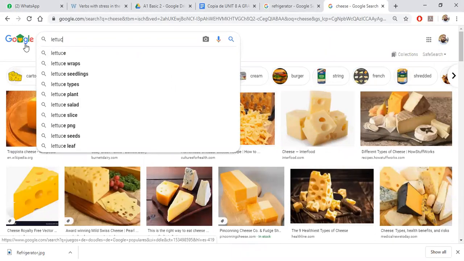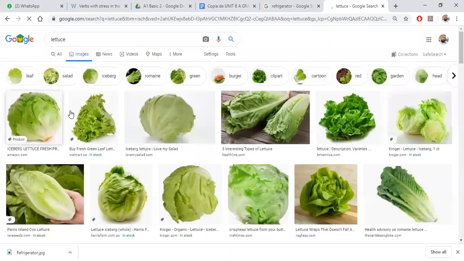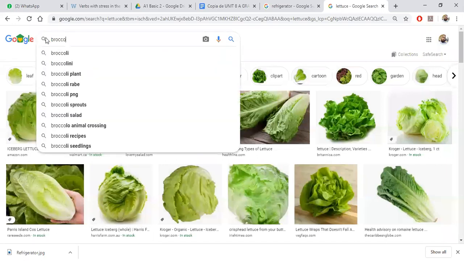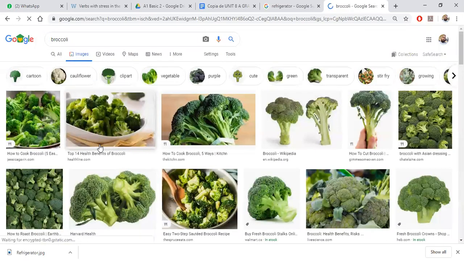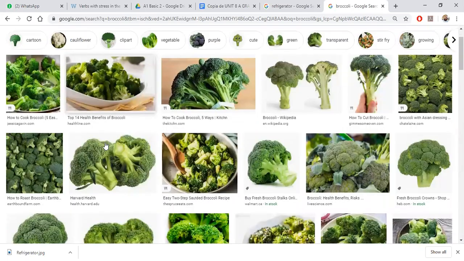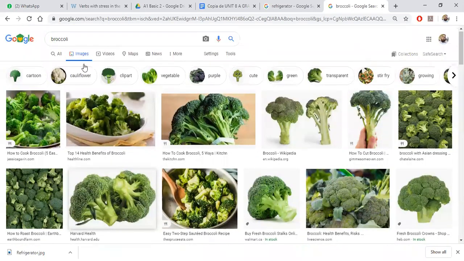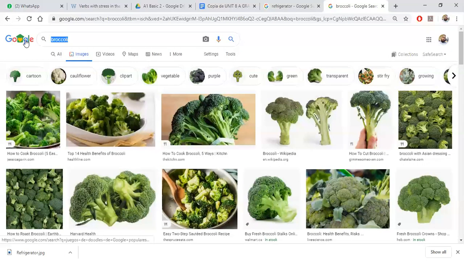Another thing that we need to cut is lettuce. Since we have to cut lettuce or separate it into pieces, we cannot say lettuces. The same with broccoli. We need to separate broccoli into pieces, so we do not count it. It doesn't have a plural form.